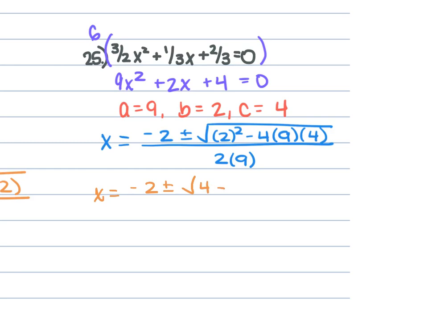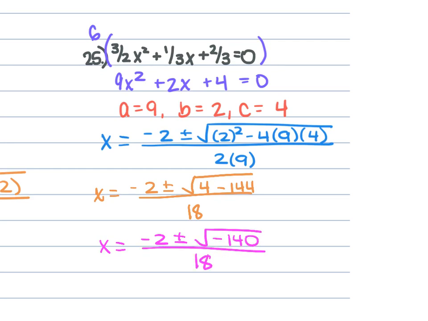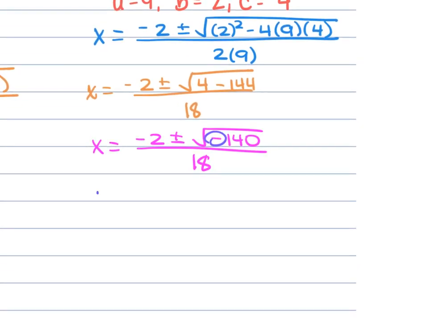The -4 times 9 is -36 times 4 gives us a -144 all over 18. If we subtract this, and underneath that radical, we have x is equal to -2 plus or minus the square root of -140 all over 18. We cannot take the square root of that negative, so again, we have no solution.